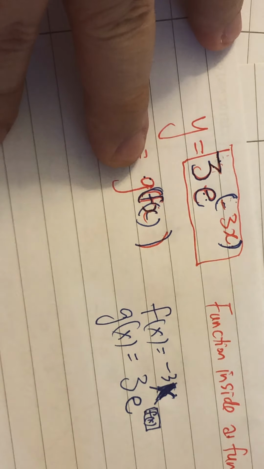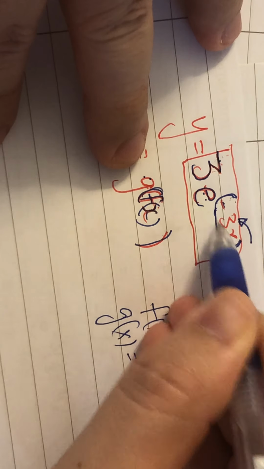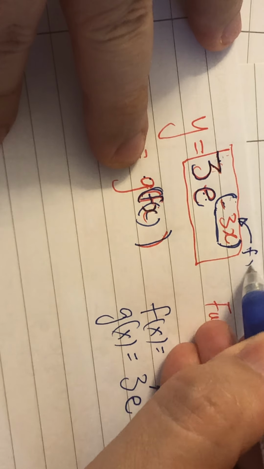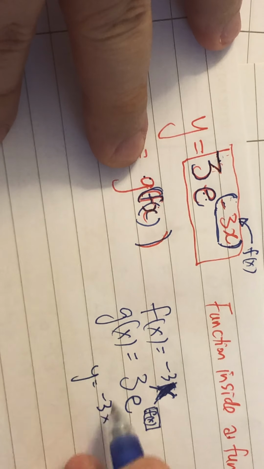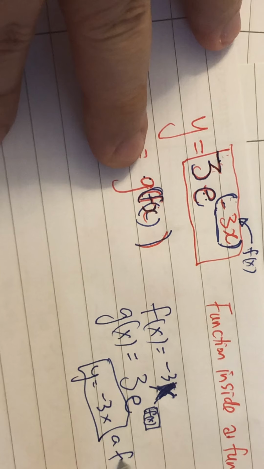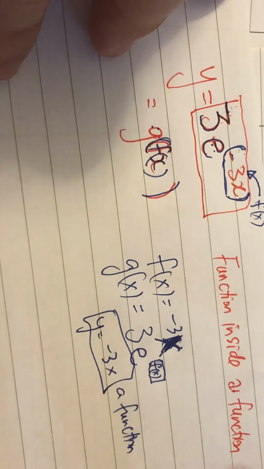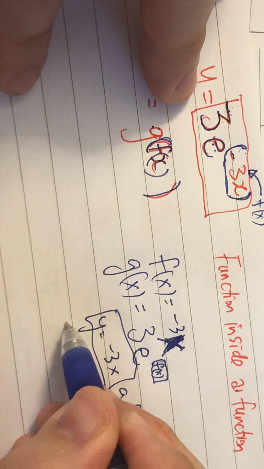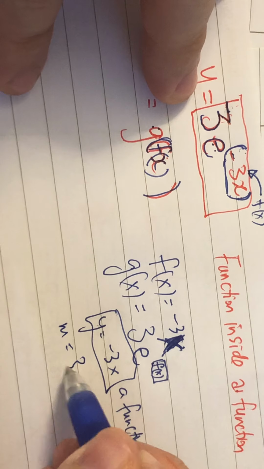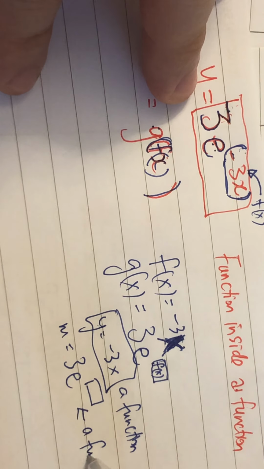You're clear? That means this minus 3x alone is a function, because it's something like y equals minus 3x. This is a function, correct? But 3 to the power e of something, which I call m, is also a function.